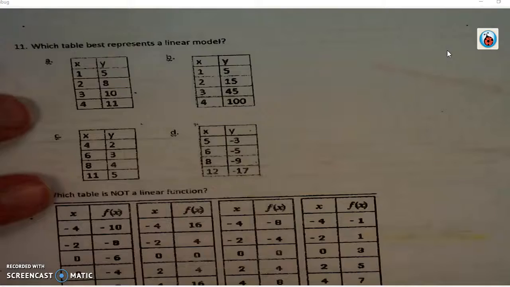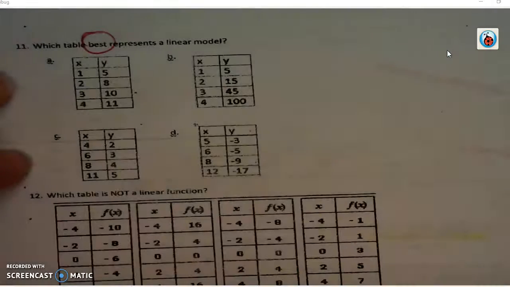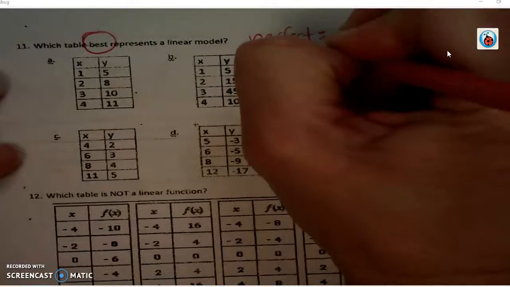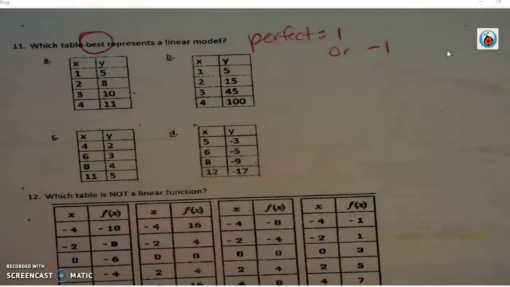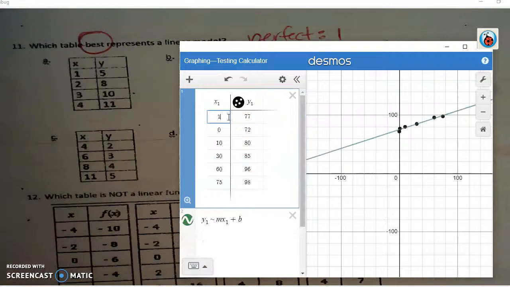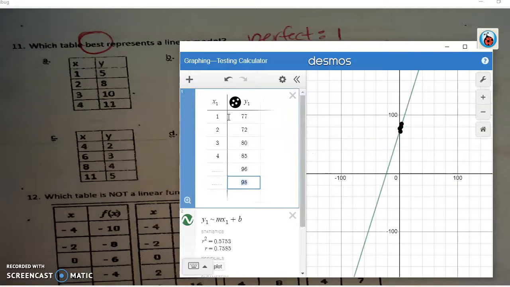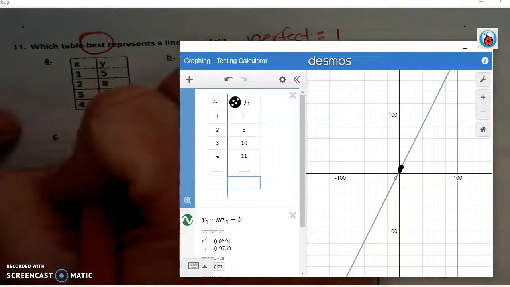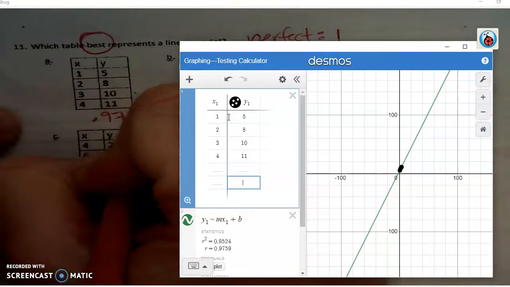Number 11, which table best represents a linear model? Remember, a perfect linear model is either 1 or -1. So you want which table is closest to 1 or -1. So if I put in answer choice A, 1, 2, 3, 4, and 5, 8, 10, and 11, the R value for that one is 0.9759.